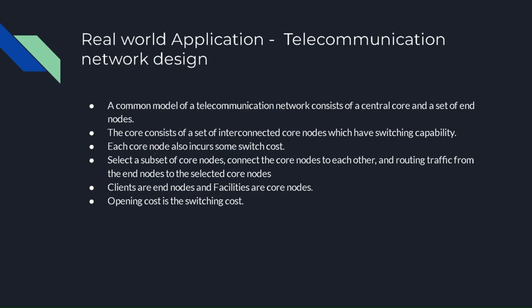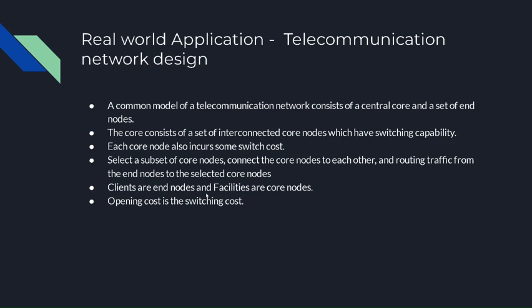One more point is that this central core consists of a set of interconnected core nodes, and each of these core nodes has some switching capability, and thus some kind of switching cost. What we have to do is select a subset of core nodes and connect them to each other, and also connect the end nodes to these core nodes.